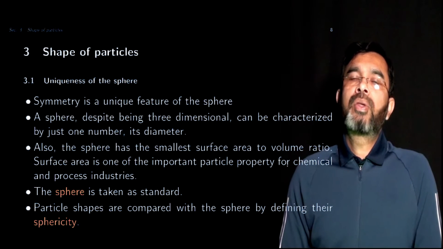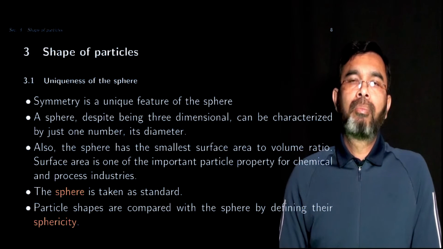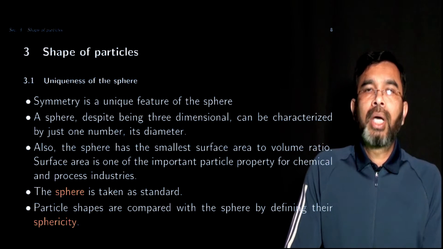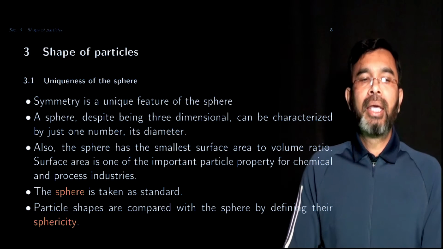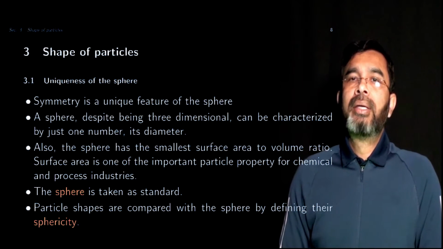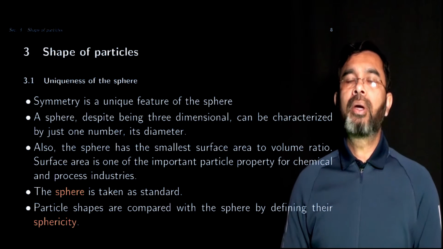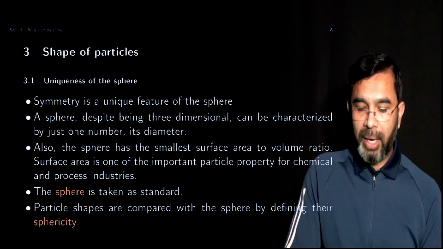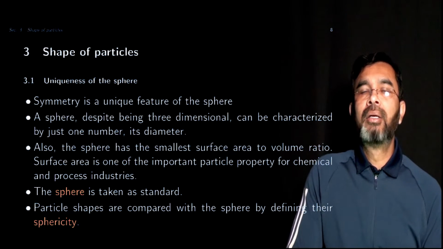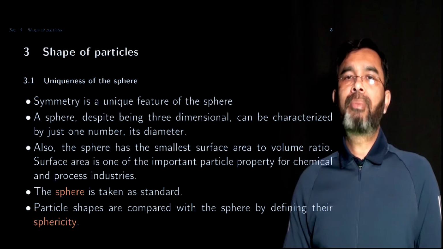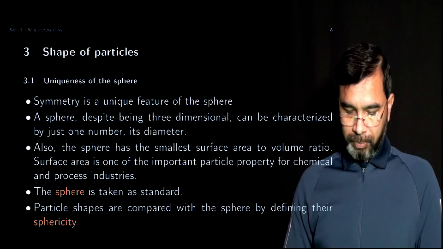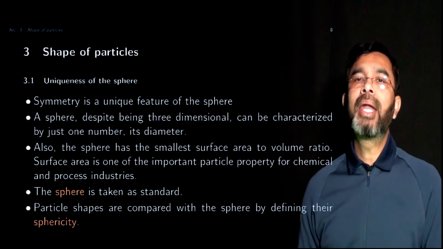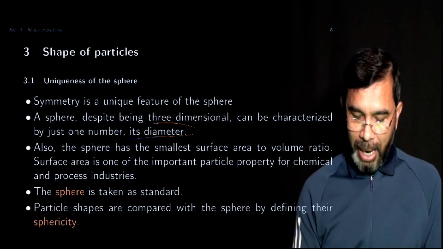Among the regular shaped particles, the sphere has some unique properties. A sphere is totally symmetric, meaning that you can see the sphere from every direction and it will look the same. That's unique to the sphere compared to any other regular or irregular shaped particles. That's why you can define a sphere using only one dimension, which is its diameter.